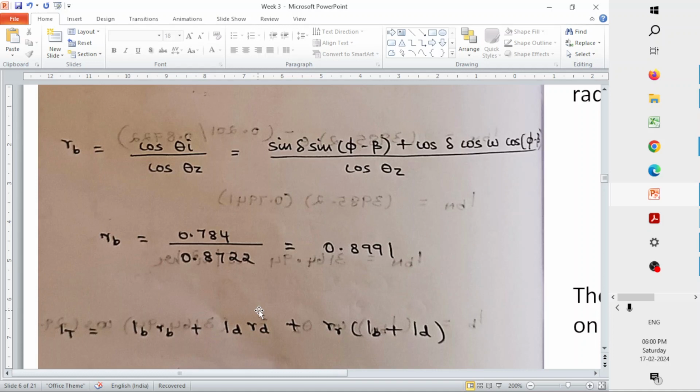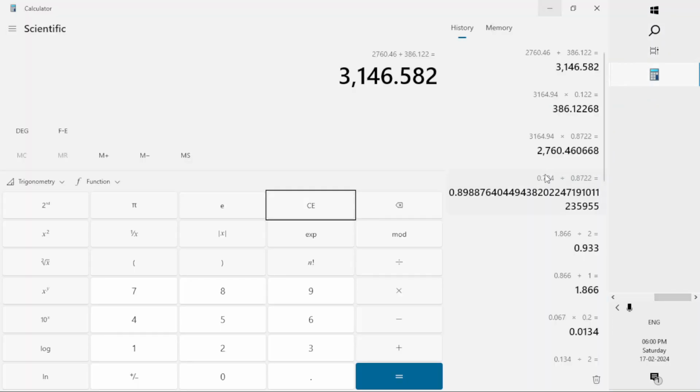It's simple, you just need to multiply and add the numbers. Let me do it parallelly.